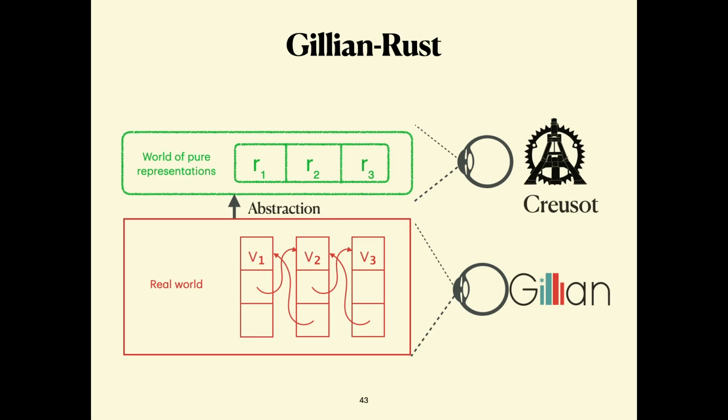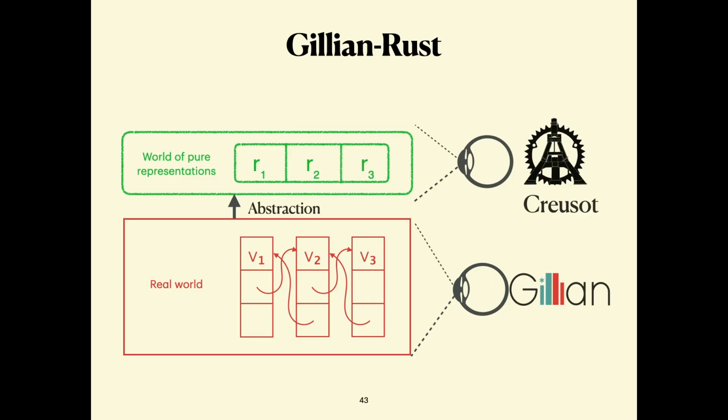The problem is, of course, that's sort of a lie. It's an abstraction of the machine, rather. And so the idea is that instead, Gillian Rust is going to have this different view, much closer to the machine. It's built in separation logic. It sees that you have these pointers going every which way, right? And what we want to do is make sure that we can maintain that abstraction, that bridge, such that Creusot can ignore the nasty machine world of Gillian Rust, and Gillian Rust only has to focus on guaranteeing that abstraction.